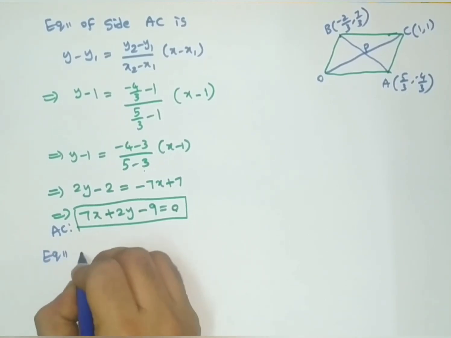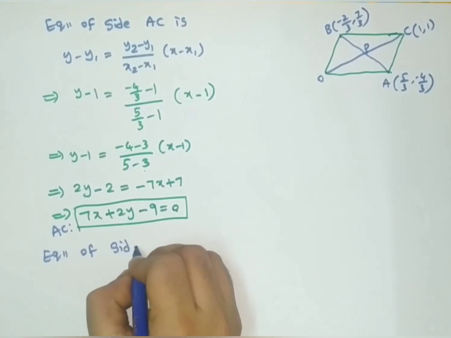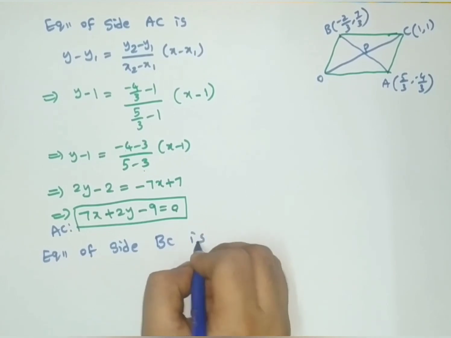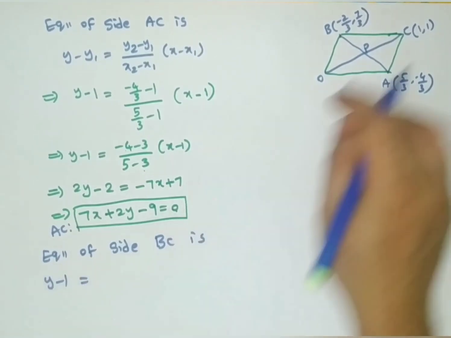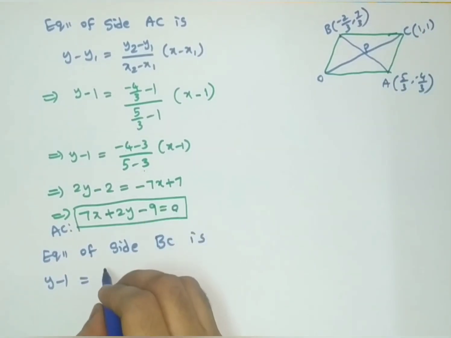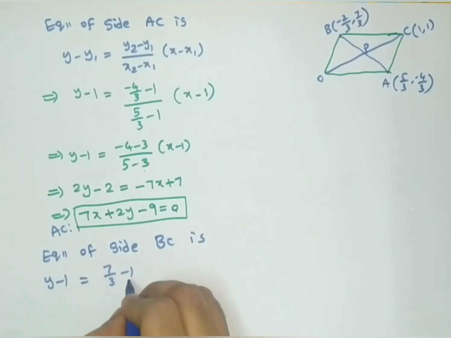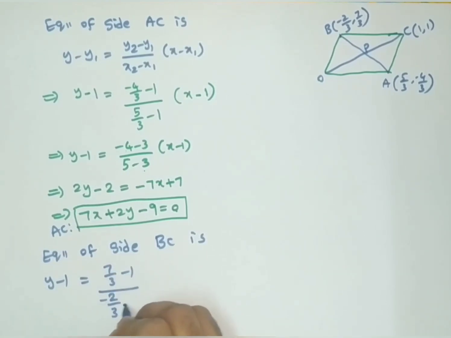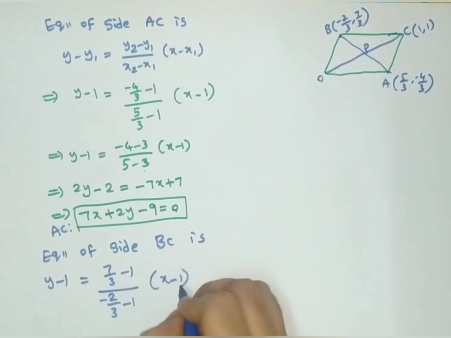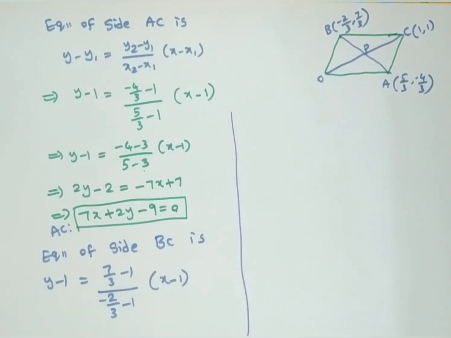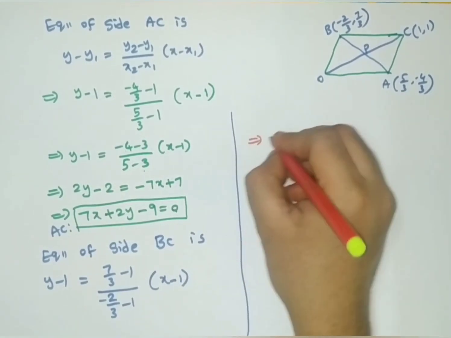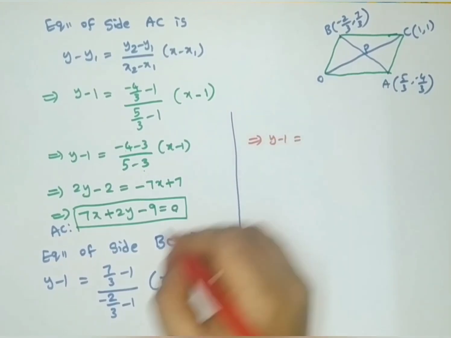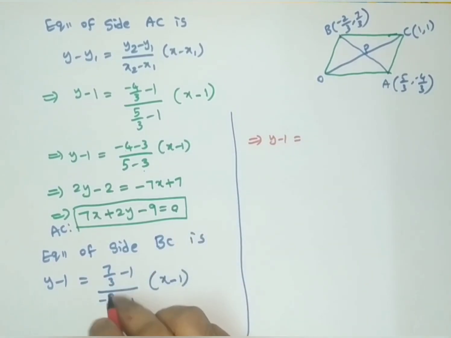Next, equation of side BC is y minus y1. Consider this one as x1 y1. y2 7 by 3 minus 1 by minus 2 by 3 minus 1 into x minus x1. By solving this, what we will get? That implies y minus 1 is equal to, so by taking in numerator 3 as LCM, in denominator 3 as LCM will get cancelled.